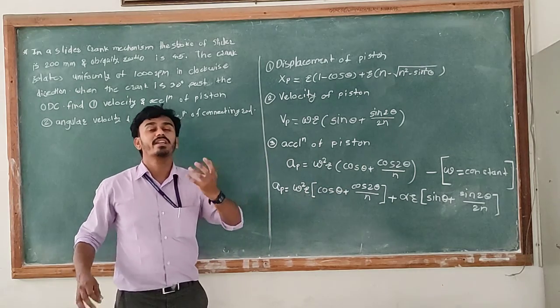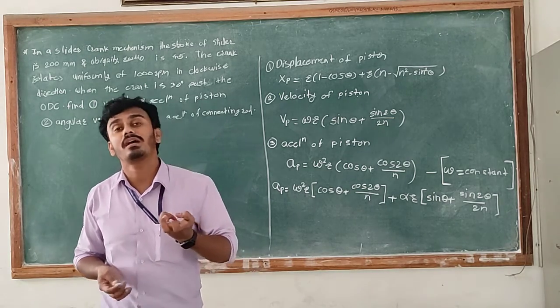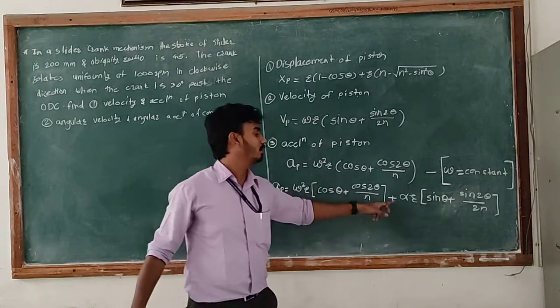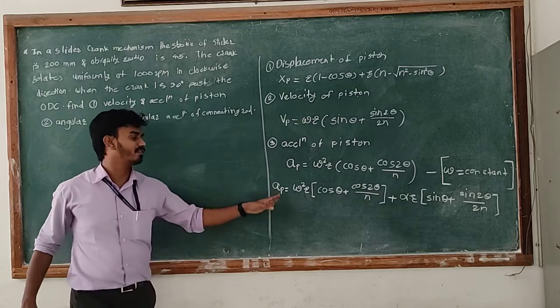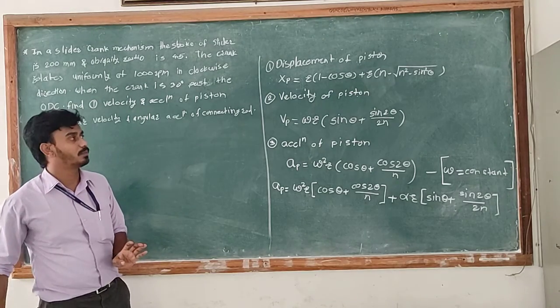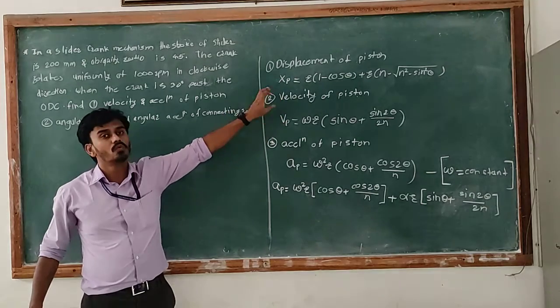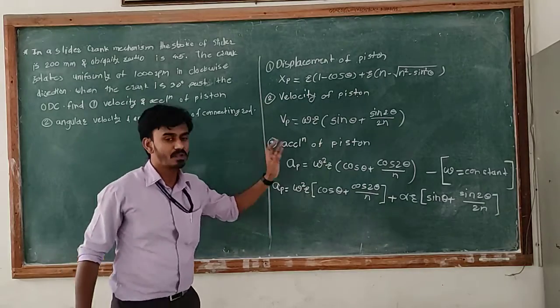When the velocity of the crank is not uniform, it has some acceleration, and this acceleration is given in the numerical. By putting in the value of the acceleration, we get the acceleration of the piston directly. So these are the three main formulae to find the displacement, velocity and acceleration of the piston.